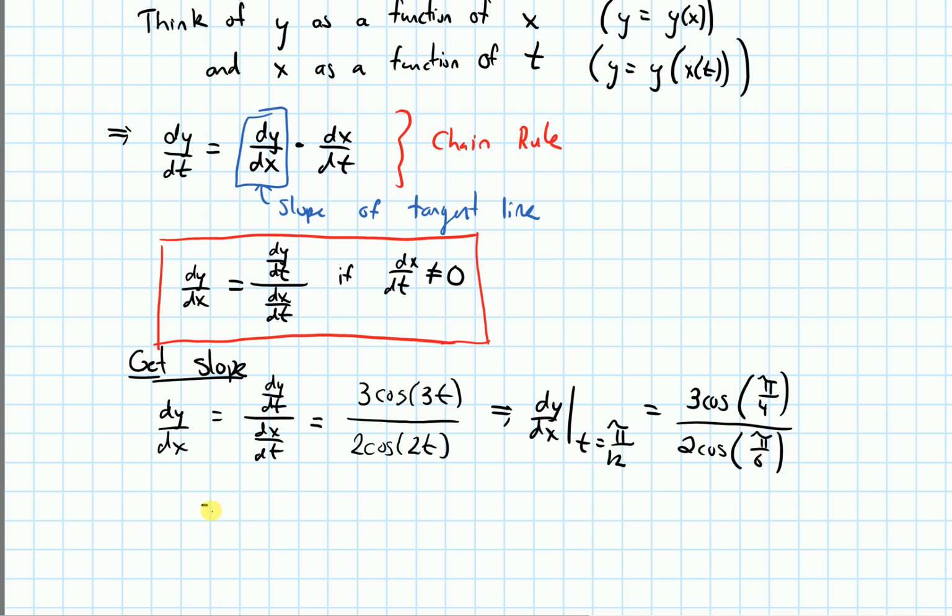Let's continue to simplify. 3 cosine of pi over 4 is 1 over root 2, or root 2 over 2. On the denominator, we have 2 times cosine of pi over 6, which is root 3 over 2. On the top and the bottom, we could cancel these 2's and be left with 3 root 2 over 2 root 3.